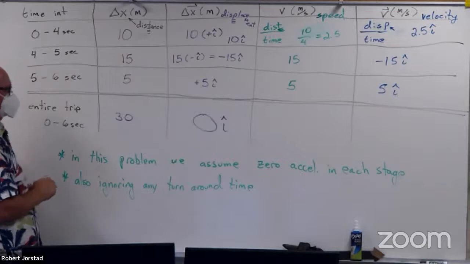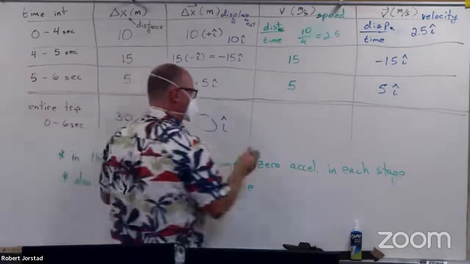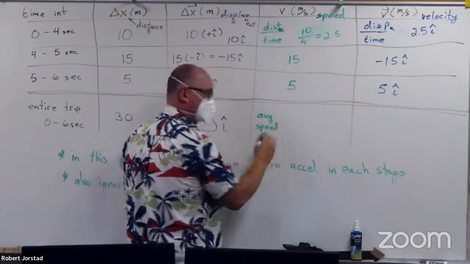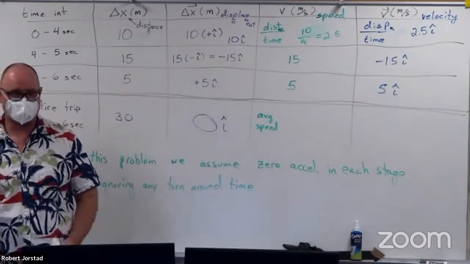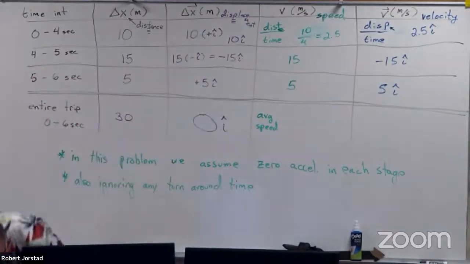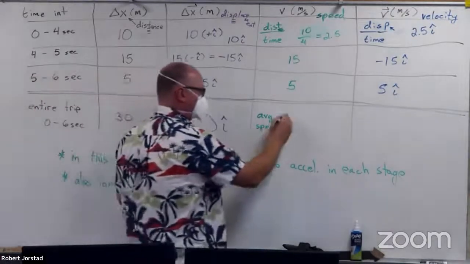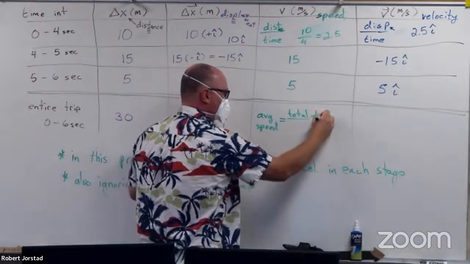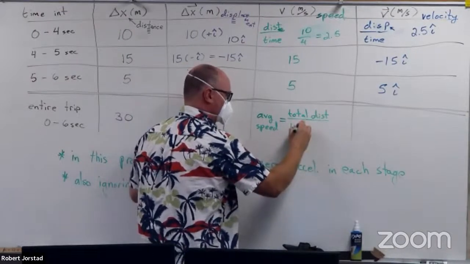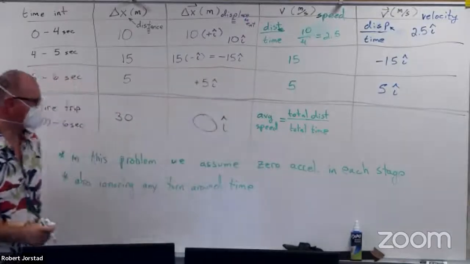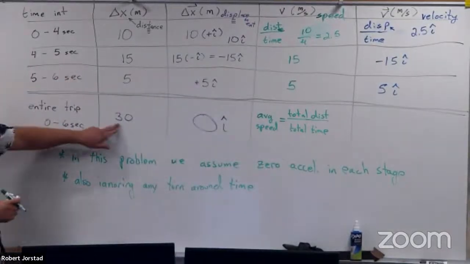Okay, if I want the average speed, do I average the speeds? No. No, and that's what's confusing. Okay, the average speed is total distance over total time. Total distance over total time in this case is what, 5?